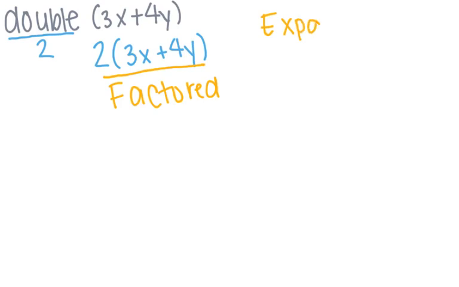Expanded form means that we're going to multiply 2 by the inside of the parentheses. So we're going to have 2 times 3x, which becomes 6x, and then 2 times 4y, which becomes 8y. So now we have it written in factored form and expanded form.